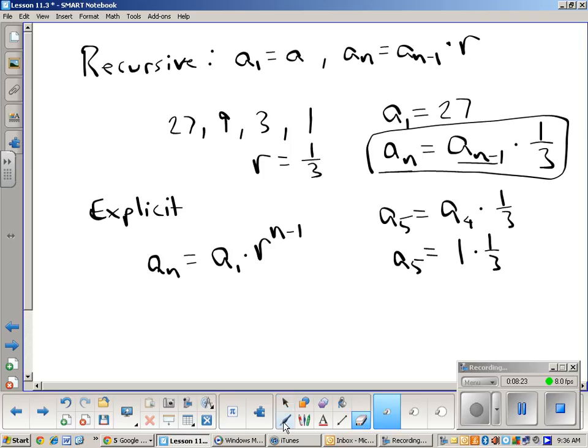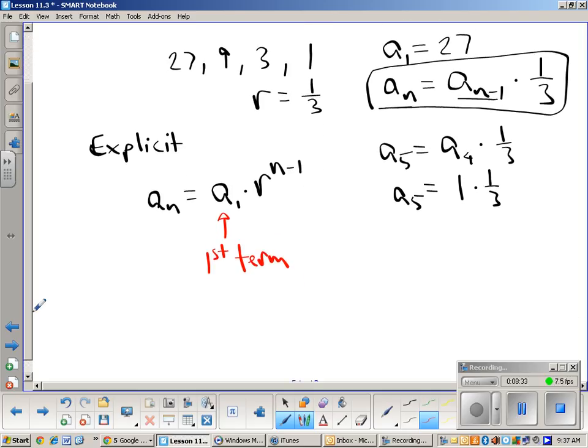Let's identify these to make sure we get it. This is the first term. This is the common ratio. And this is the number of the term we want.